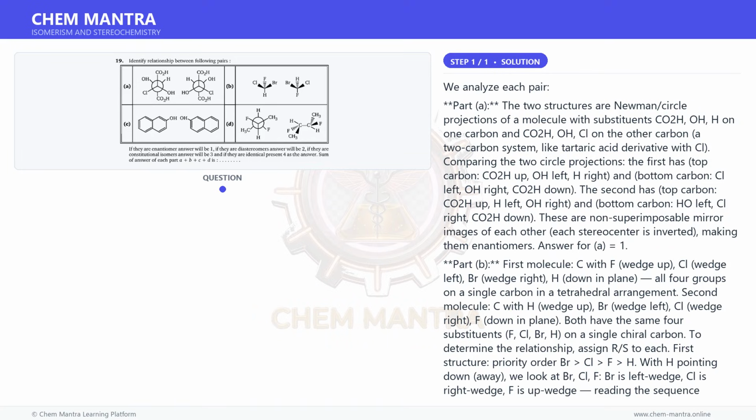These are constitutional isomers. Answer for D is equal to 3.